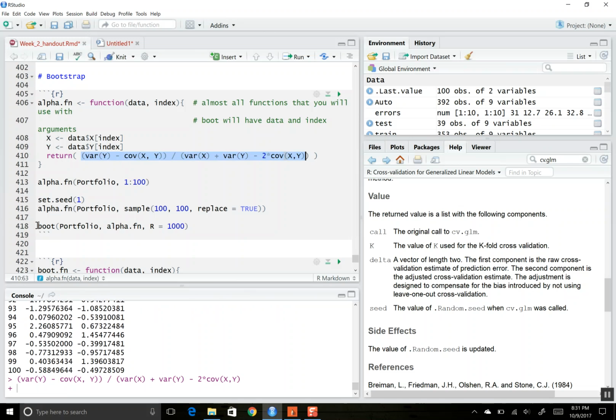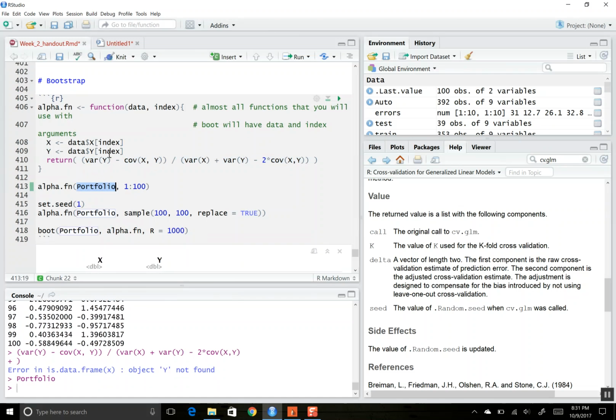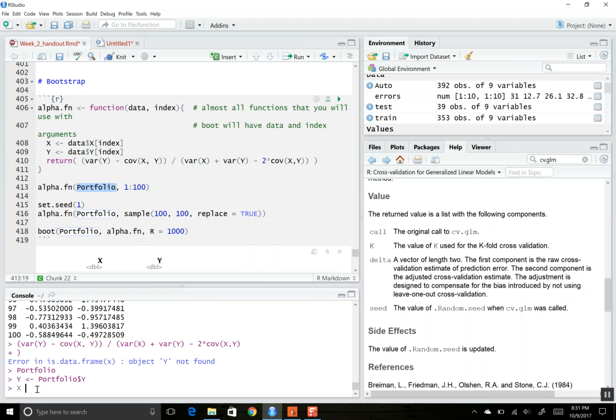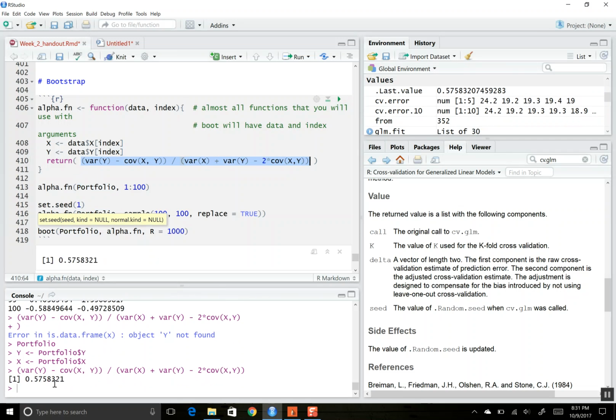And currently, so yeah, portfolio. Okay, so currently my current estimate of this value is 0.5758.